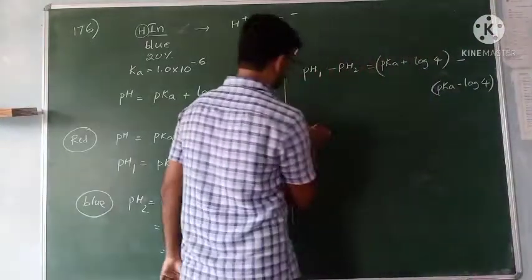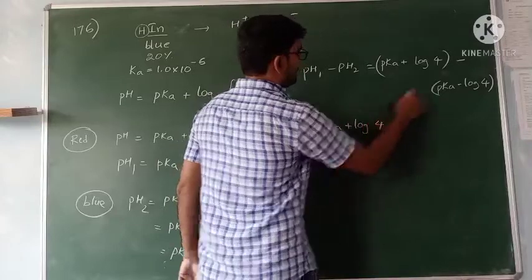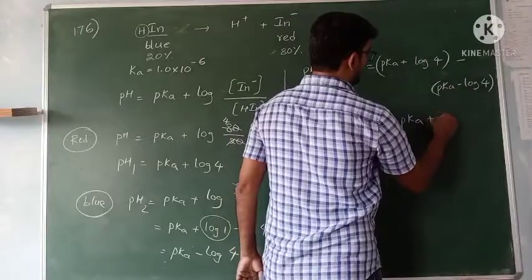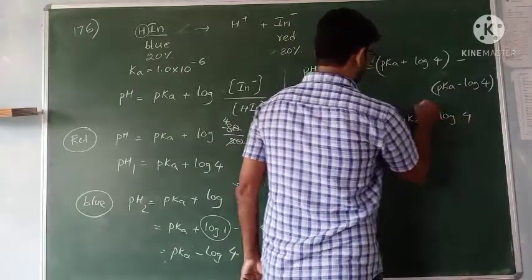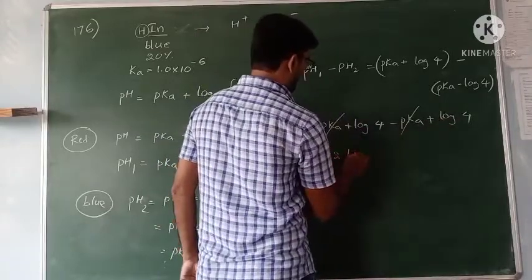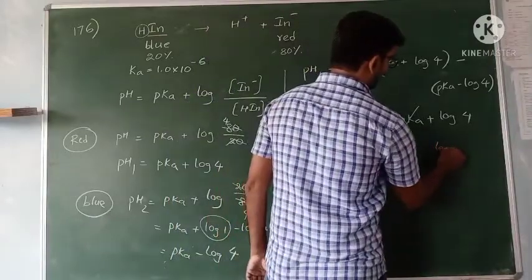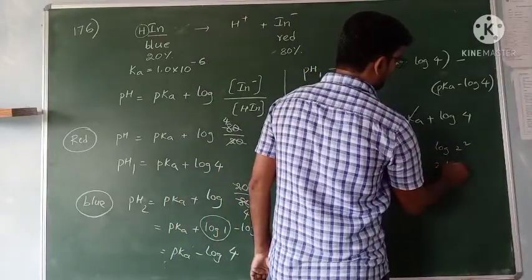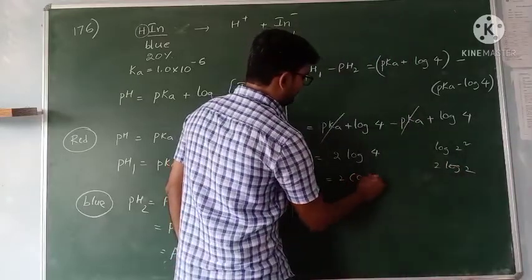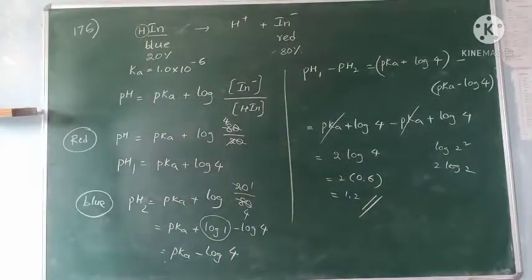Simply, pKa plus log 4 minus pKa, minus into minus plus log 4. pKa minus pKa cancel. Log 4 plus log 4, 2 log 4. But log 4 value, we know that log 2 square, means 2 log 2. 2 log 2 means 2 into 0.3, that is 0.6, means 1.2. This is the answer for 176.